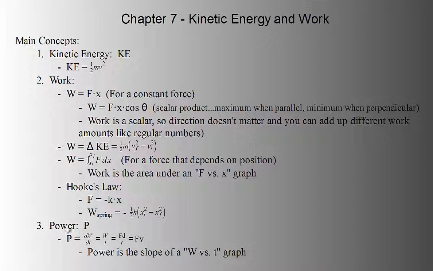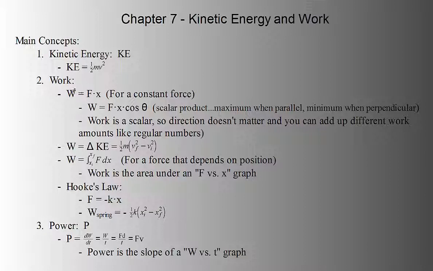There are three main concepts in this chapter, although there's quite a bit of stuff in them, especially in the work concept. The first form of energy we're going to talk about, and we'll introduce more next chapter, is kinetic energy, KE equals 1/2 mv squared. Then we're going to move on to work and talk about how work is a transfer of energy via a force.